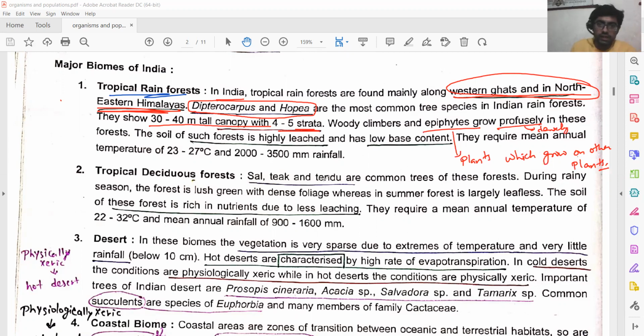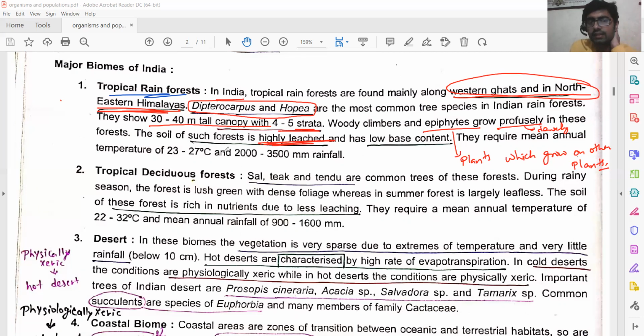So these forests are highly leached. Leaching means movement of solution, or you may say the uppermost substances present move to lower strata of soil or to some other place. You can say movement of a particular mineral from that area to any other area is known as leaching.